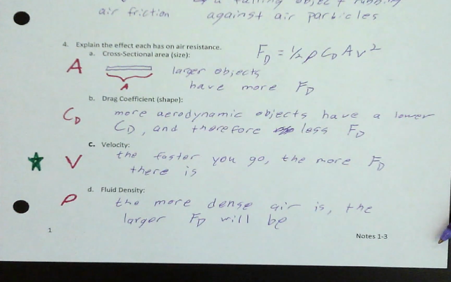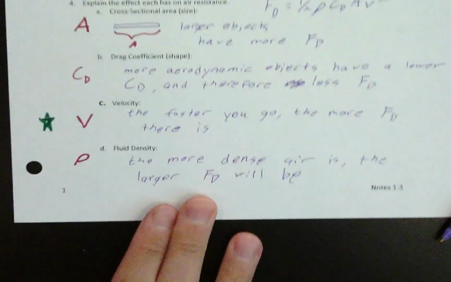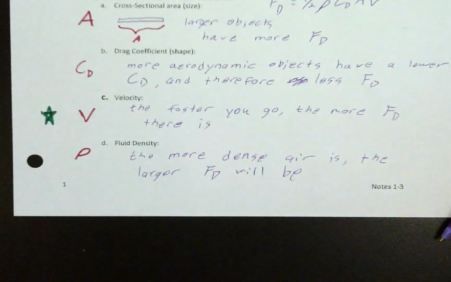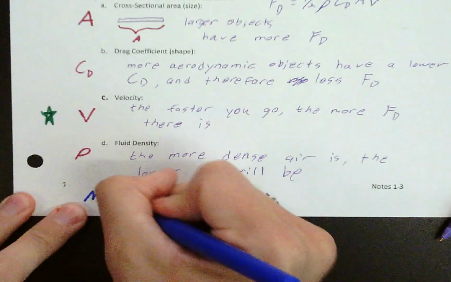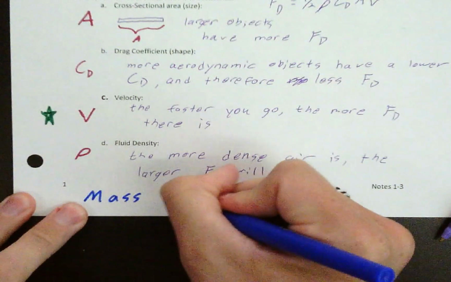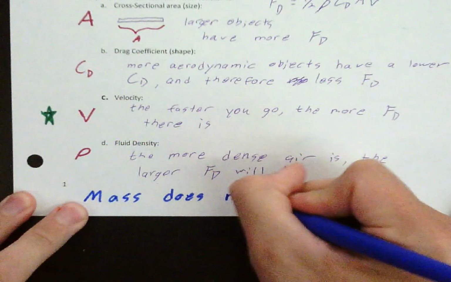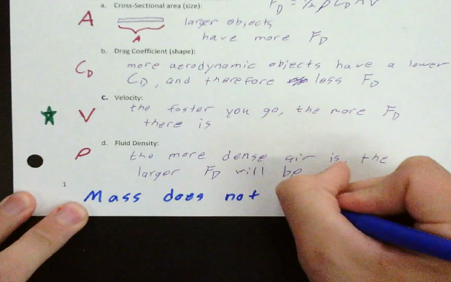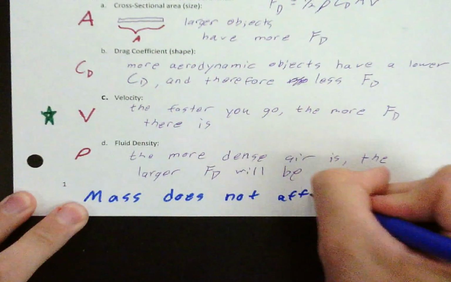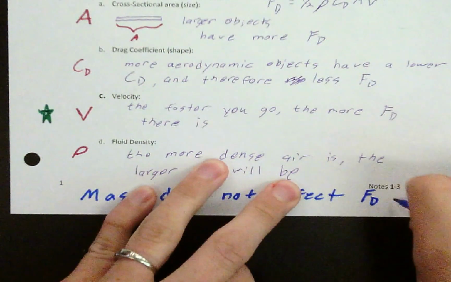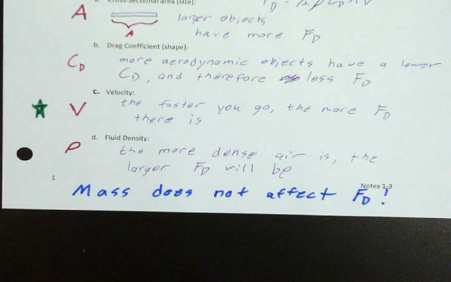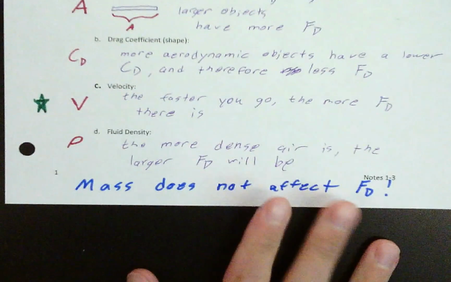However, it does affect something else. So we're going to come back to mass. But I want to make sure it's clear, mass does not affect air resistance. Okay? Mass does not affect drag.